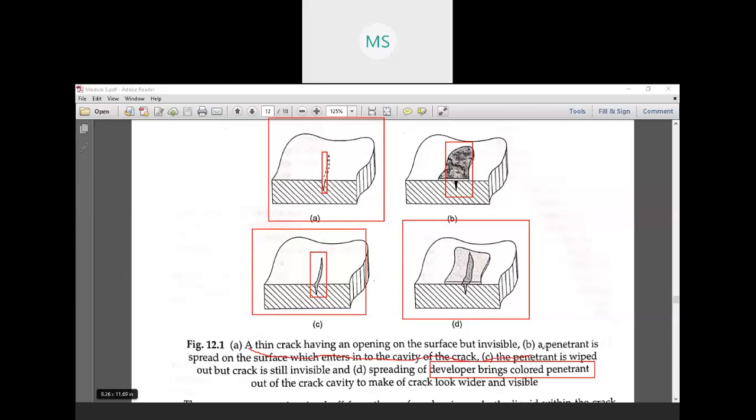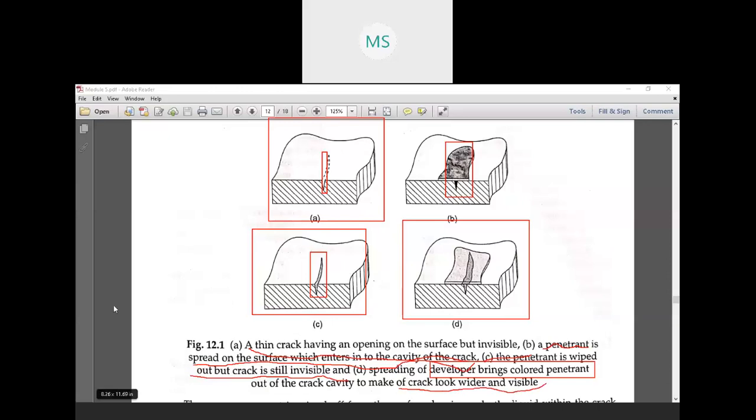For that I applied the penetrant, which spread on the surface and entered the cavity of the crack. Third, the penetrant is wiped out, but the crack is still invisible. So to make it visible, we applied the developer, which brings colored penetrant out of the crack cavity and makes the crack look wider and visible.